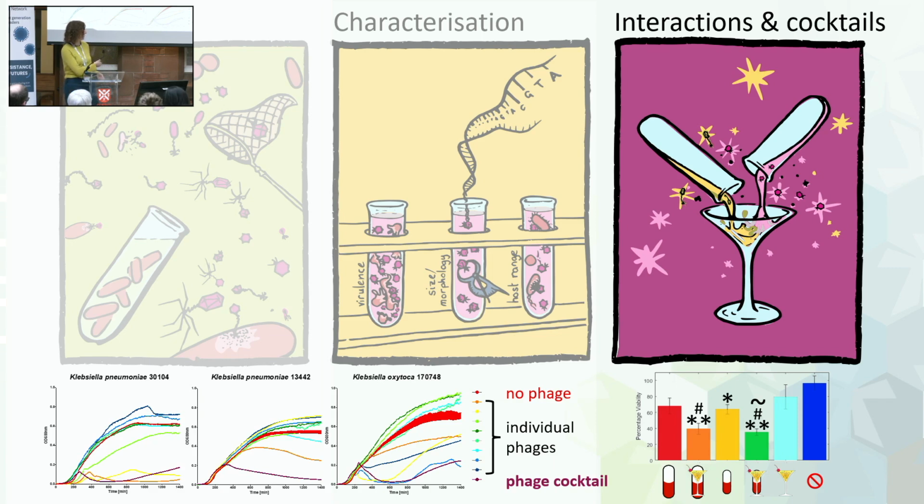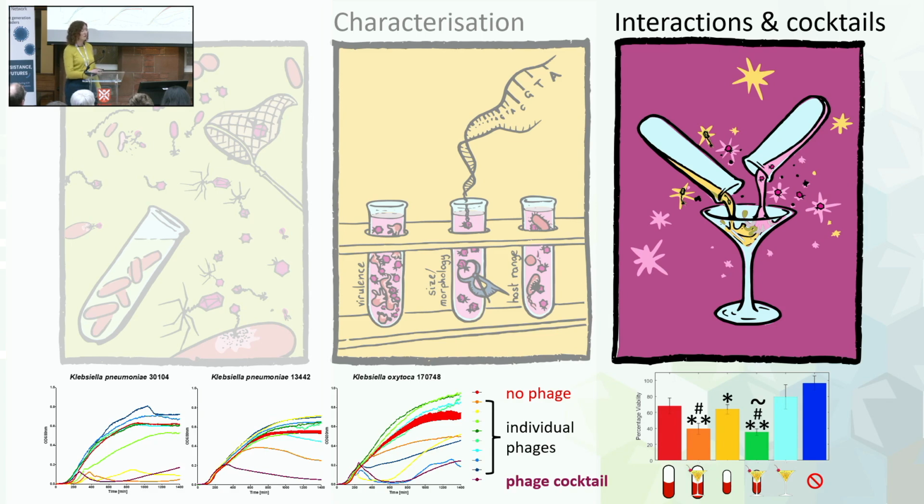So by combining our phages, this bottom purple line is our phage cocktail, and the red is the no phage controls. We can see that the phage cocktails are as effective as the individual phages, or they might have better combined effects than any one phage on its own.